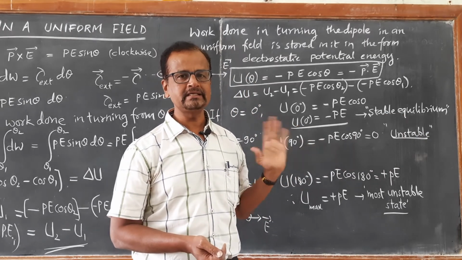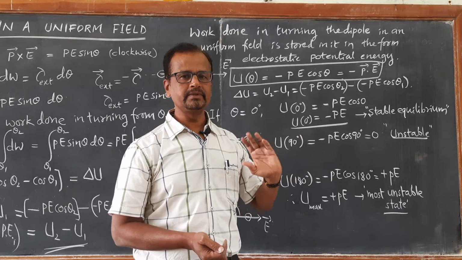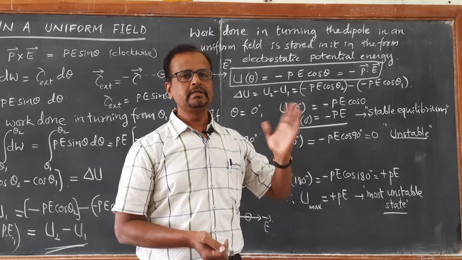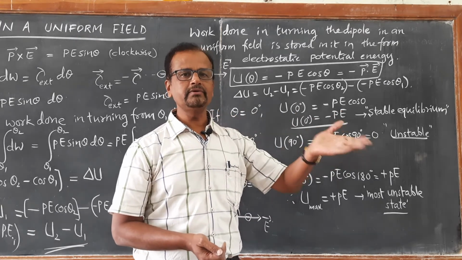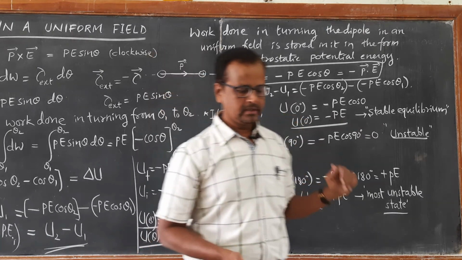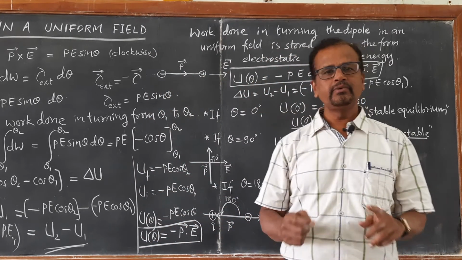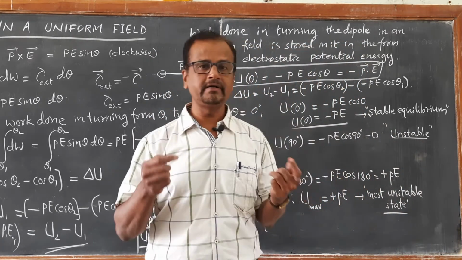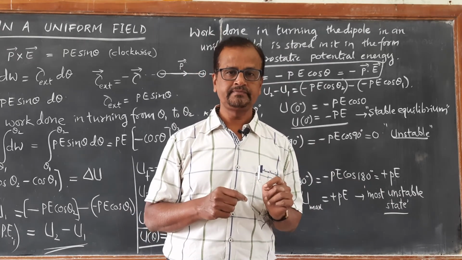The moment you release it, the dipole turns with a certain velocity. So, potential energy is converted into kinetic energy, right? Now, let us derive the same equation with the concept that we have learnt in the previous session.